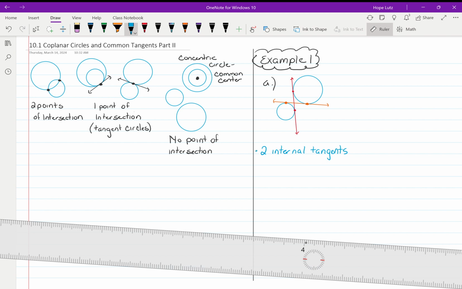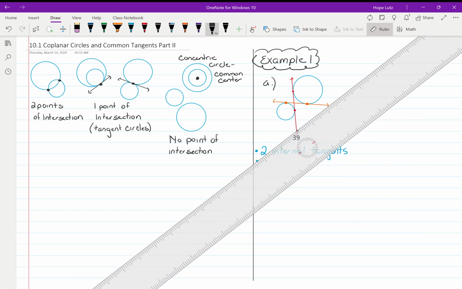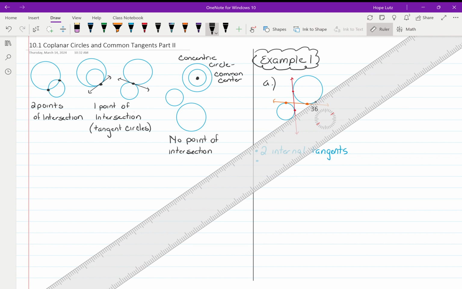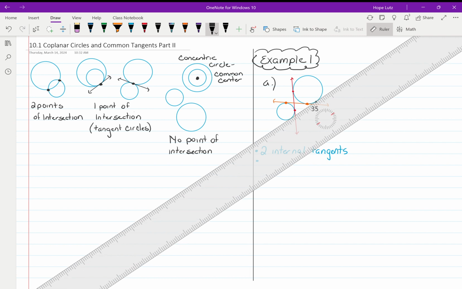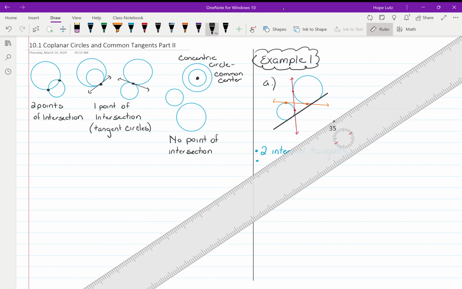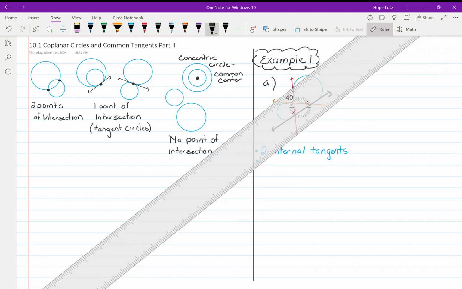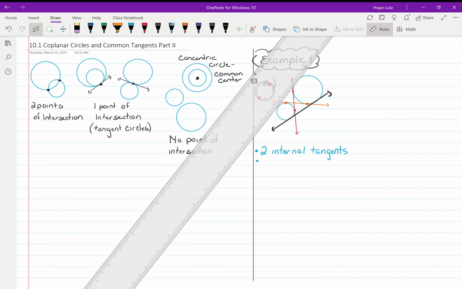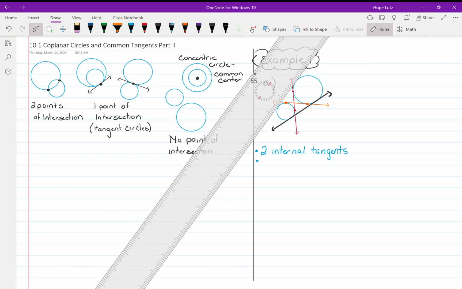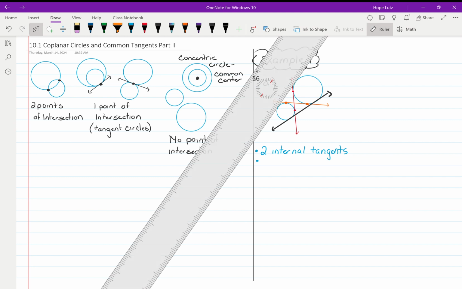Alright, so now I'm going to draw a couple more. I'm going to do these in this color. Now I'm going to look for 2 more places where they can hit. So I have one right here, and then I have another that I can do here. So you're basically seeing how many times you can draw lines in order to hit the circles.